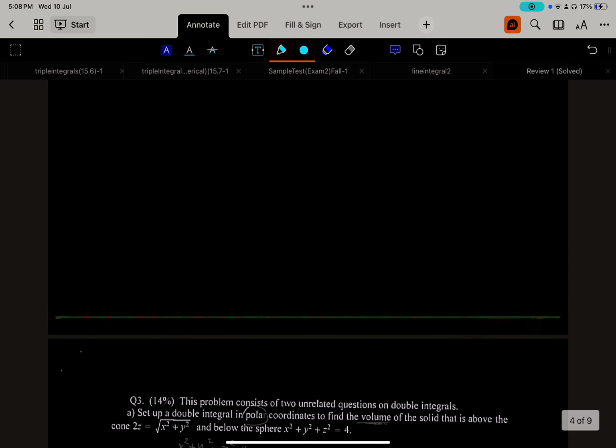Okay, so first he wants us to set up a double integral in polar coordinates to find the volume of the solid that's above the cone 2z equals square root of x squared plus y squared.